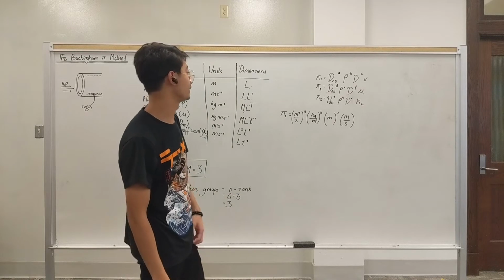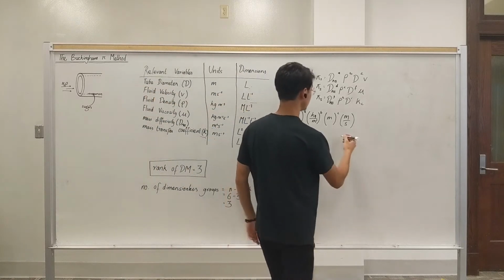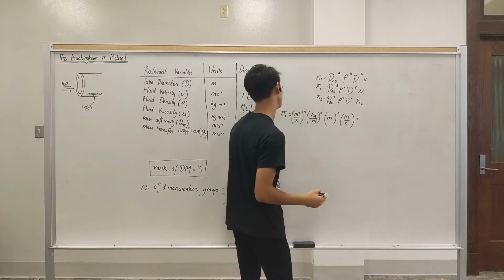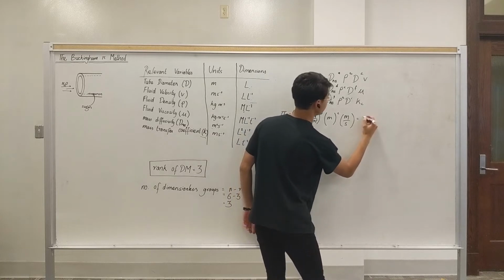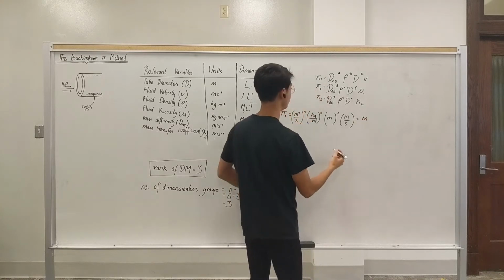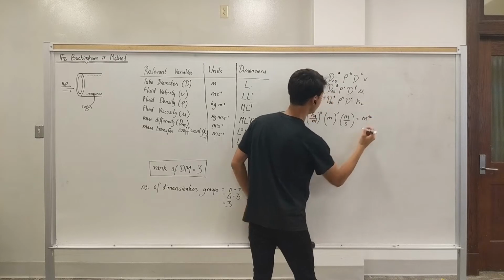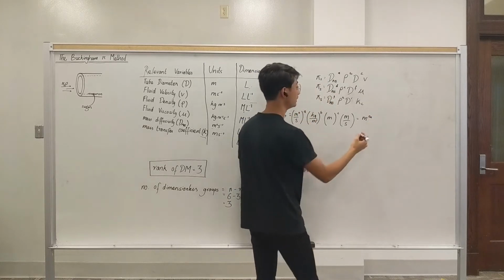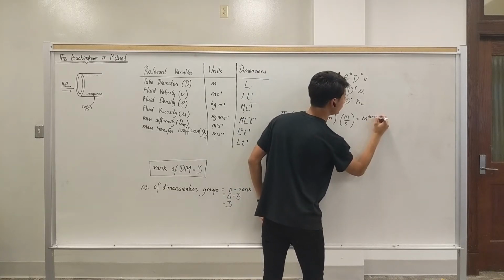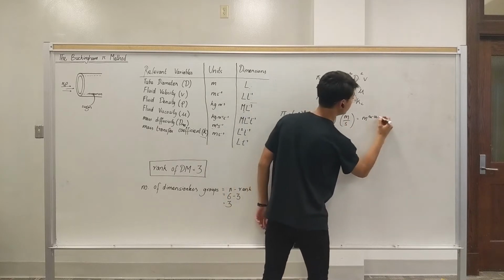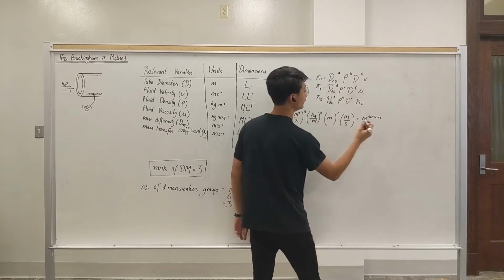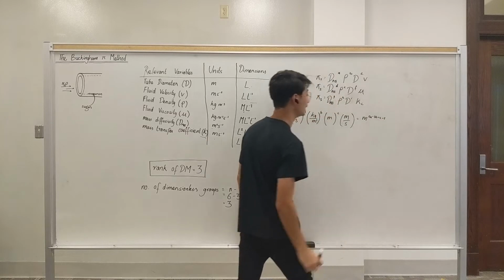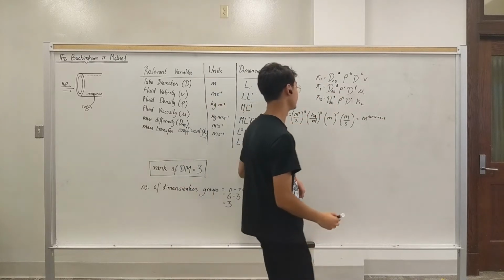Okay, so you have that. Let's go ahead and combine all the variables right away. So meters is going to be raised to the power of 2A minus 3B plus C plus 1. So that's meter. And then let's take a look at kilogram.